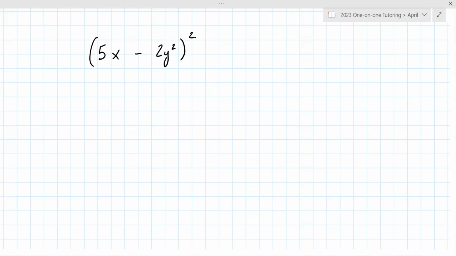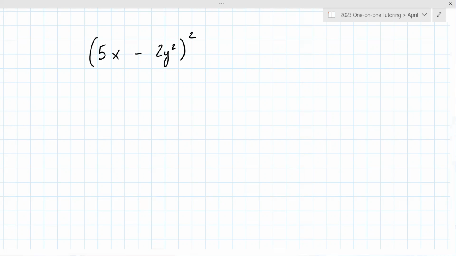Oh wait, whoops. And xy cubed. Xy squared. So 25x squared and xy, right, 20xy squared minus 4y squared cubed.